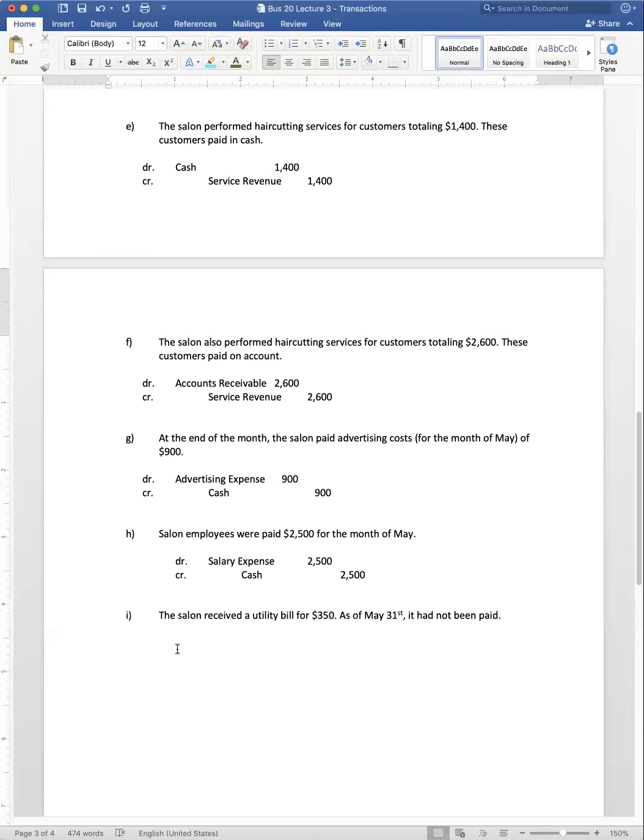Now, we mentioned utilities last time. Utilities are things that connect to a building or help the building operate. So utilities are things like electricity, water, gas, internet, garbage, right? These are all utilities. So how do utilities bill?